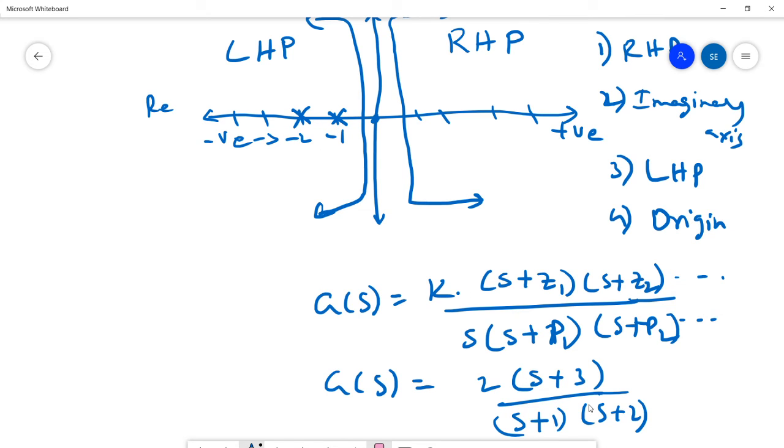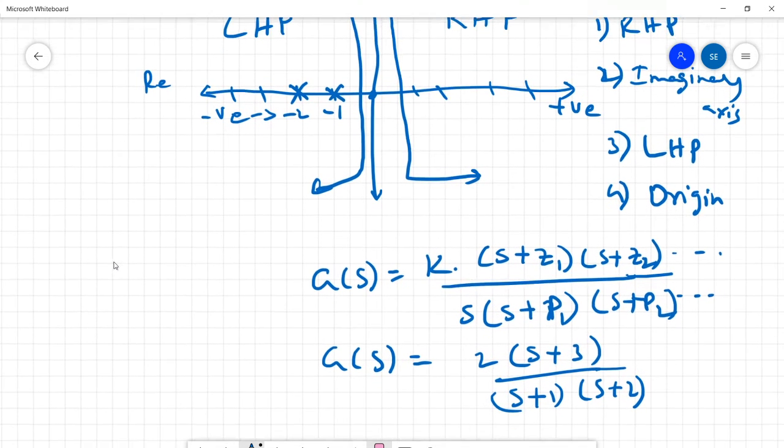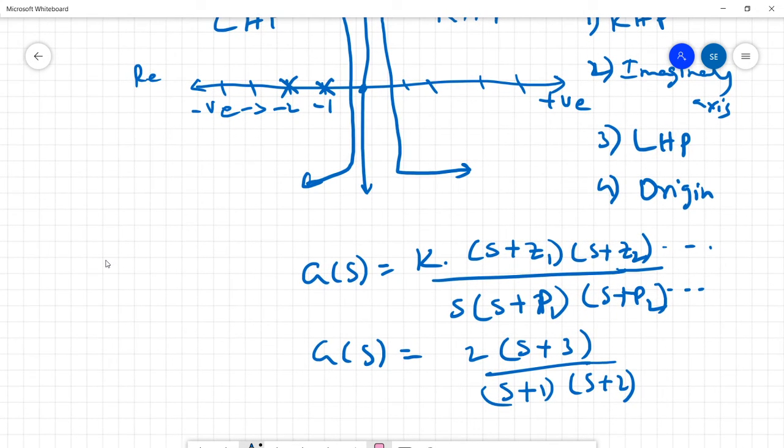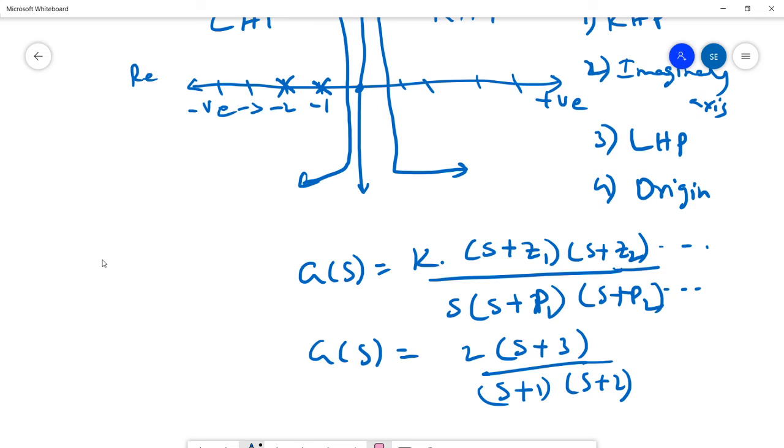If you get a transfer function this way, it is a stable transfer function, and there is a chance the system will get a stable response. If you have poles on the right half of the S plane, that means S minus 2 or S minus 3 or whatever, a function in S minus with real values, then the function is said to be unstable.